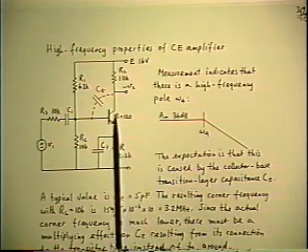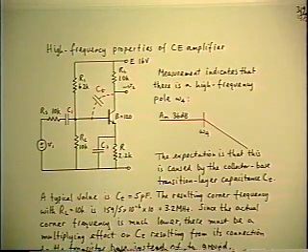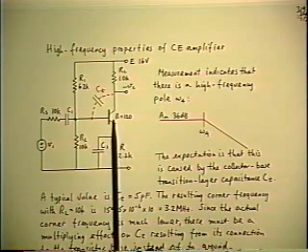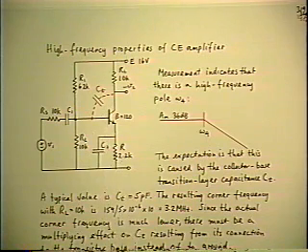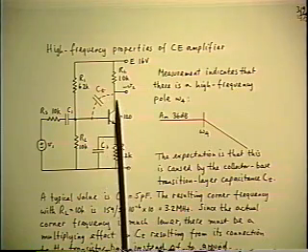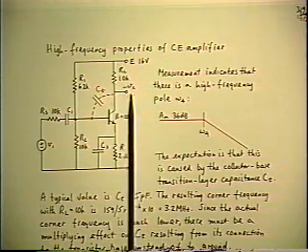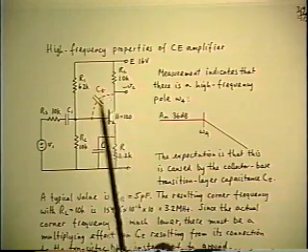So the first thing that comes to mind is that maybe the collector base internal capacitance of the transistor is responsible for the pole. This is a typical small signal amplifying transistor whose collector base capacitance is normally in the range of 5 to 10 picofarads. So at a very rough first order sort of guess, you might think that this would cause the pole because the output collector current of the transistor, which is supposed to go into the RL in order to provide the output voltage, is partially being diverted through the CT.